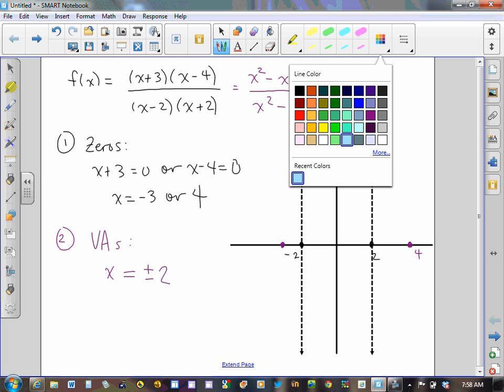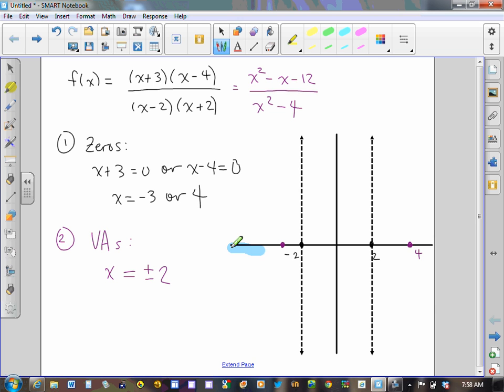So let's start with the area that is left of the first 0. So let's highlight that region. So the function there cannot be negative.